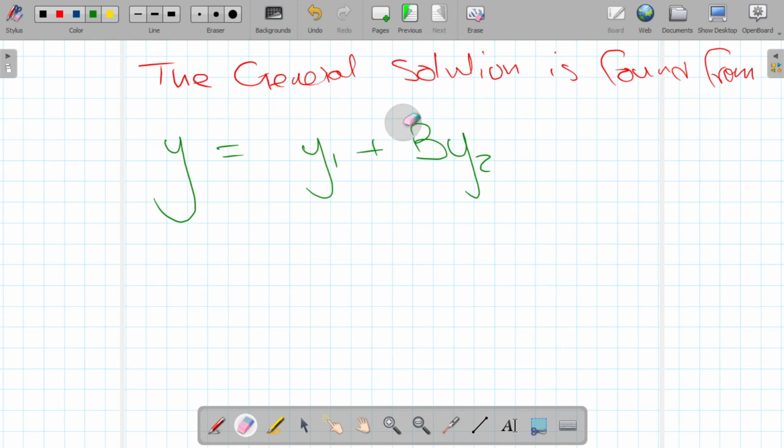I'm going to call this constant k1 and that constant k2. So we've got y equals k1 y1 plus k2 y2.